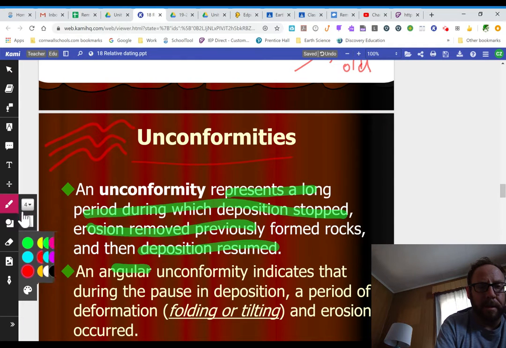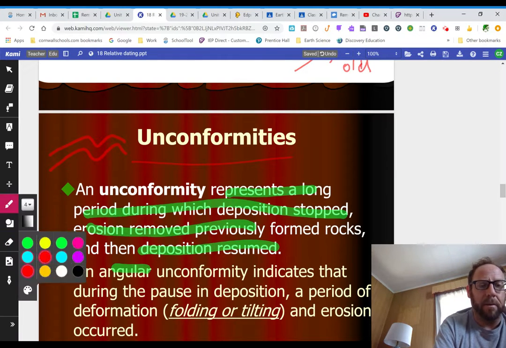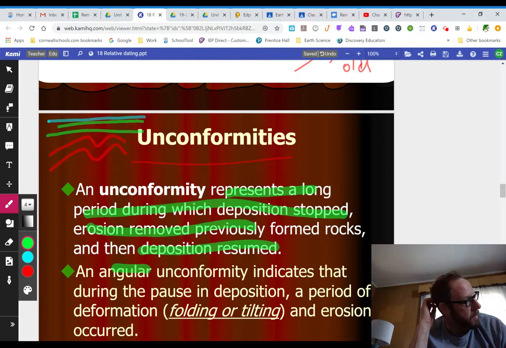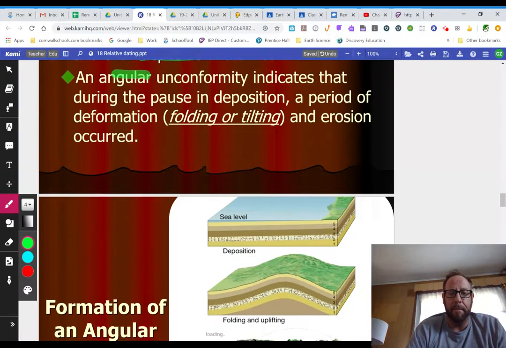There was exposure to weather. So some of those rock layers were destroyed. The rock layers went back down underwater, called subsiding. And then new horizontal rock layers laid down above the disturbance, the folding, or the angular unconformity. This is where there's missing information. Okay, we'll take a look at that in some sheets coming up.